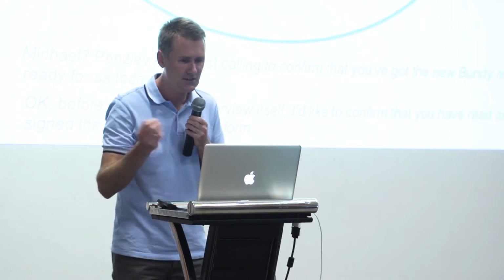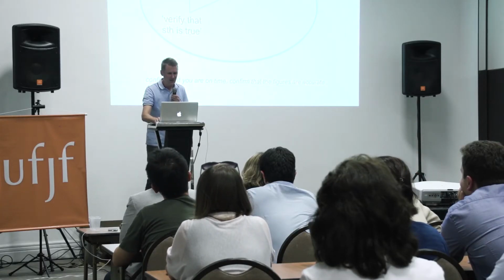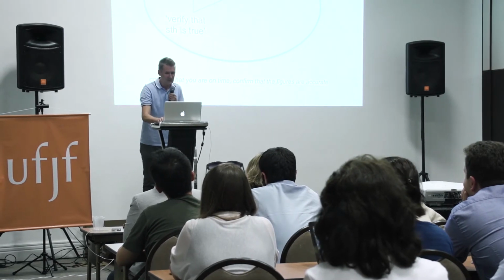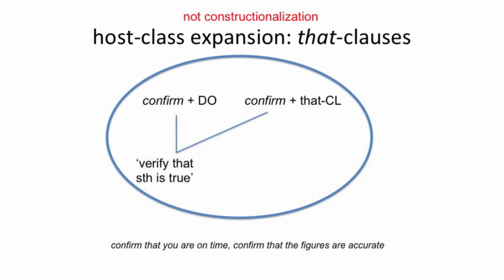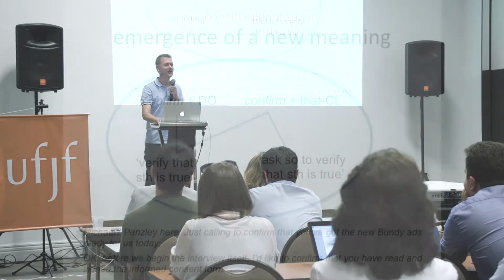All right, so is this constructionalization? The host class expansion part is not constructionalization. That is just change that happens at the formal pole of the construction. And once you have this, you know, another couple of years go by and something happens at the meaning pole, and this is also not constructionalization.